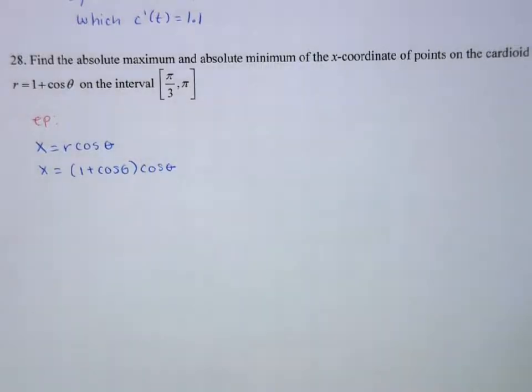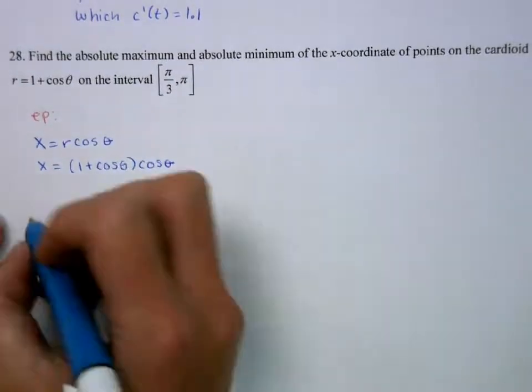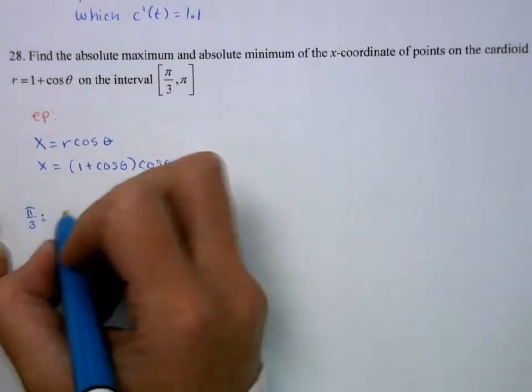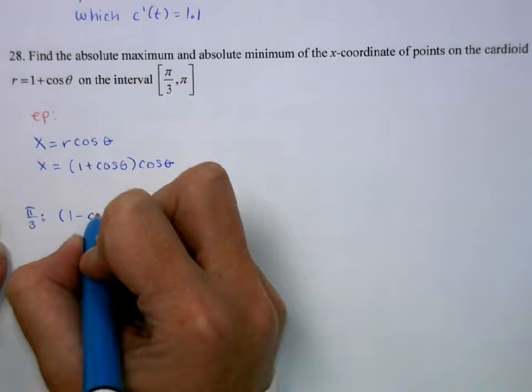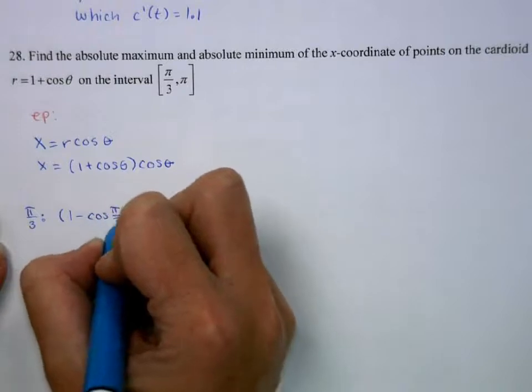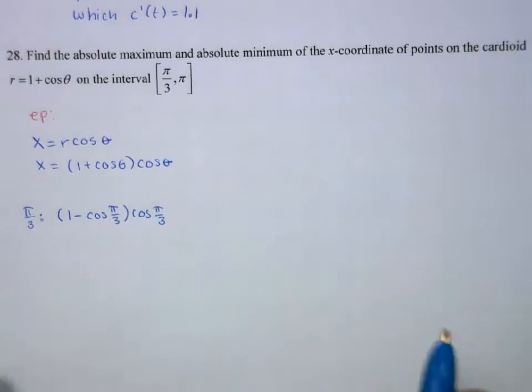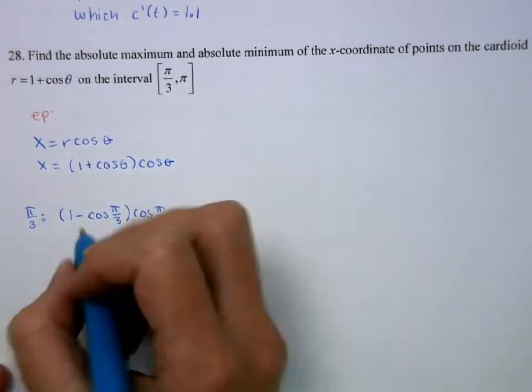So for my endpoints, we're going to be 1 plus cosine pi over 3 times cosine pi over 3. You have your calculator, so you can do it that way, or use a unit circle.